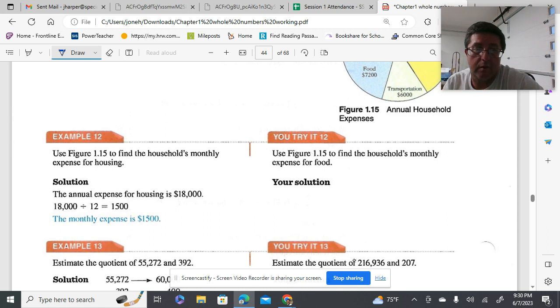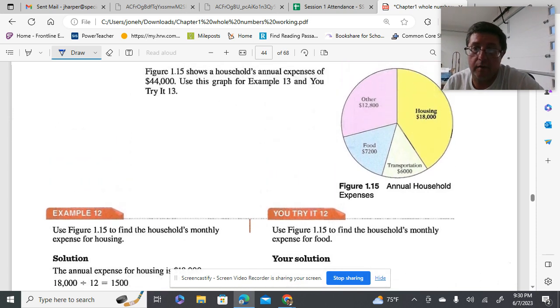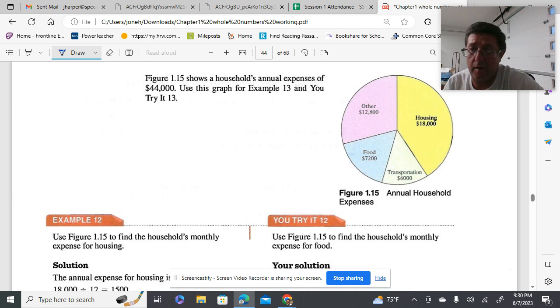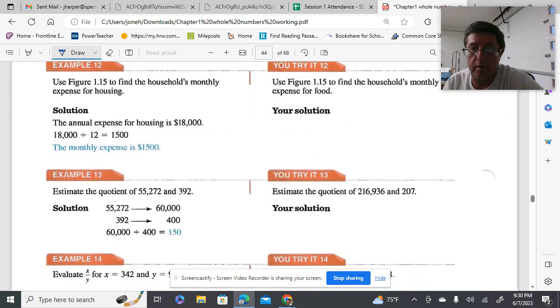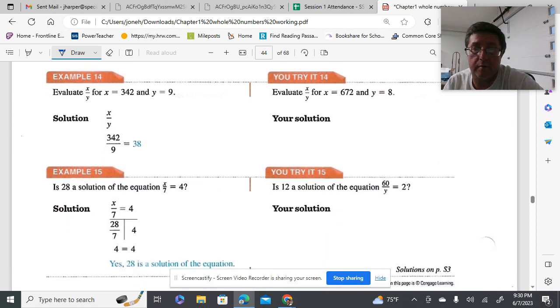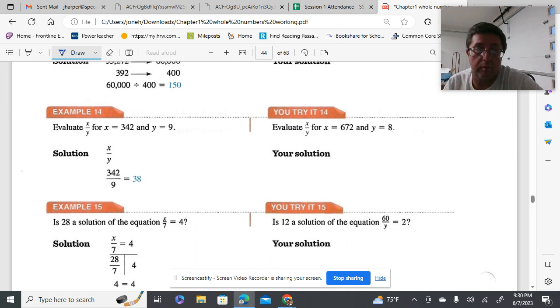So you take 18,000 divided by 12 and you have $1,500 a month for your house. That's about what I have to pay right now. So it's $18,000 a year I spend. That isn't so appealing to my eyes, but it's what you have to do in today's world.